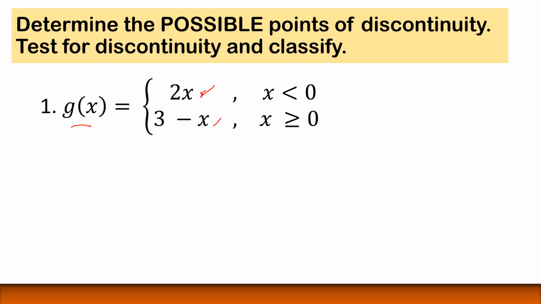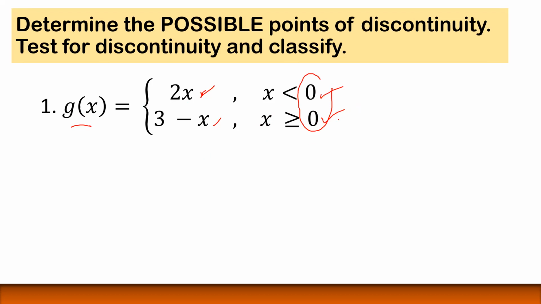They are never undefined. But because this is a piecewise function, this is a transition point or critical point. So this automatically becomes our possible point of discontinuity.